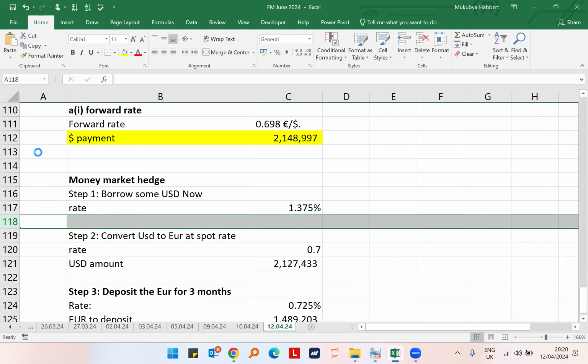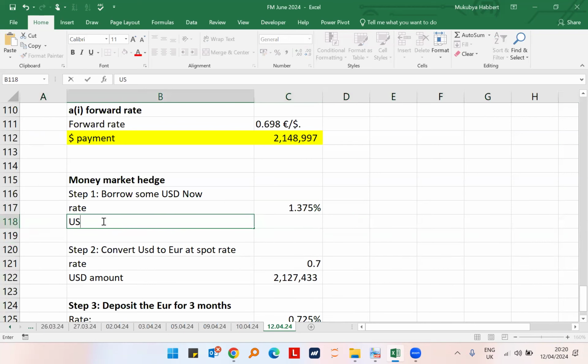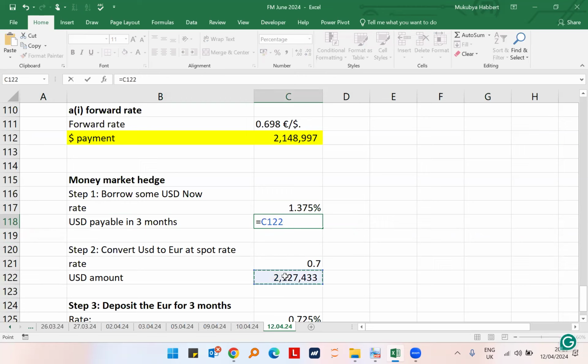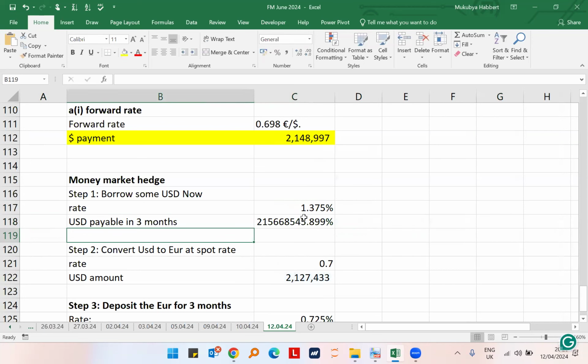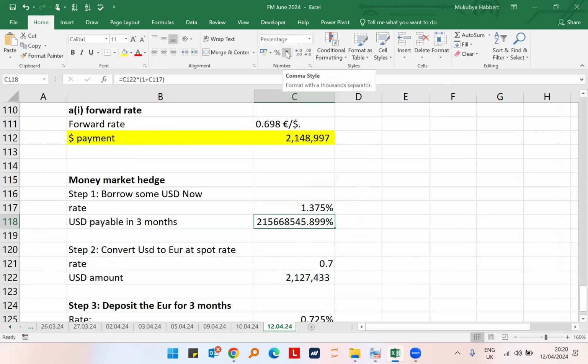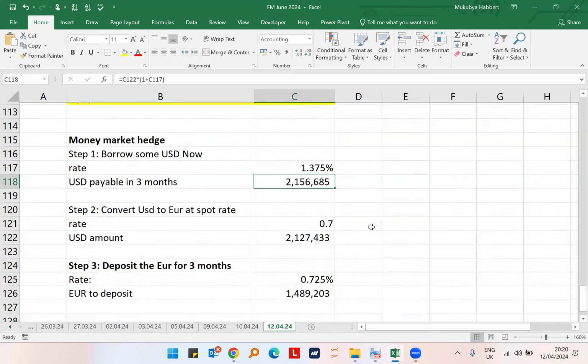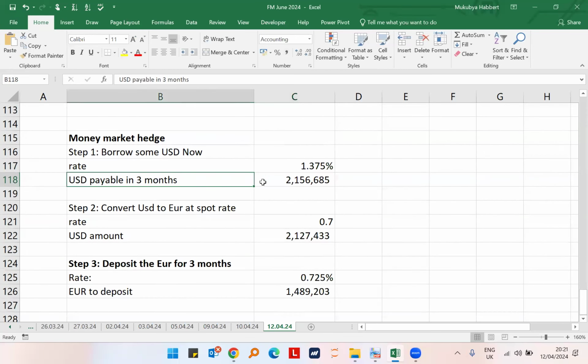So after getting that rate, then I can know the US dollar payable in 3 months. So basically it will be 2.127 multiplied by 1 plus 0.01375, which becomes 2.156. So this is the US dollar payable in 3 months' time.